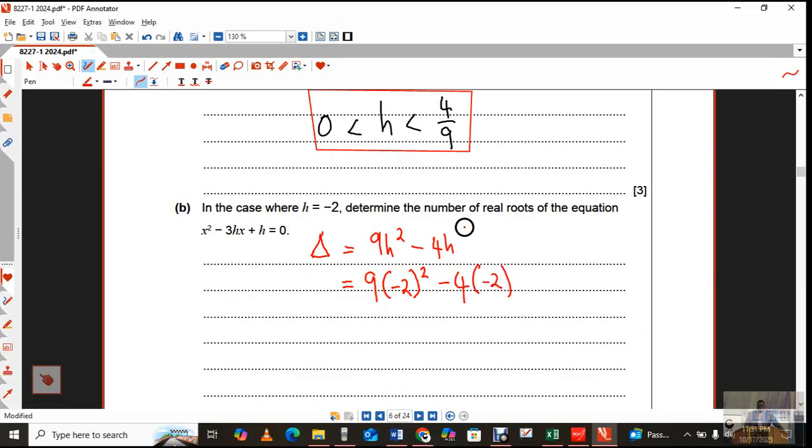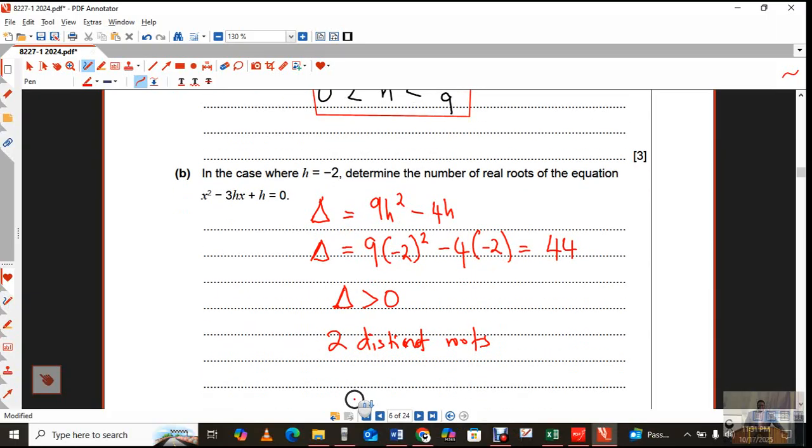Determine the number of real roots, so we need to see what the discriminant will be, and you will realize that this answer is equal to 44. And when the discriminant is equal to 44, the discriminant is greater than 0. That's what you can see. Then it means there will be two distinct roots. All right, that is what that implies. The number of roots will be 2.